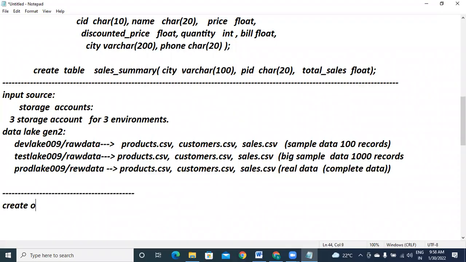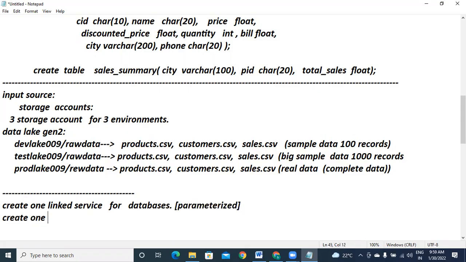Create one linked service for database servers with parameterized. Okay. This is our task.